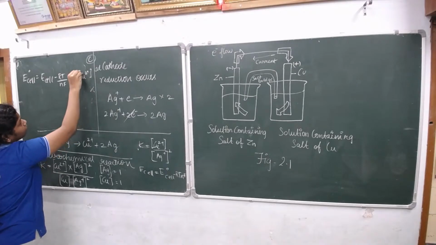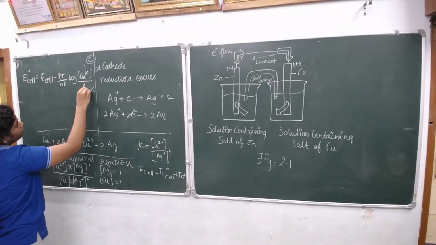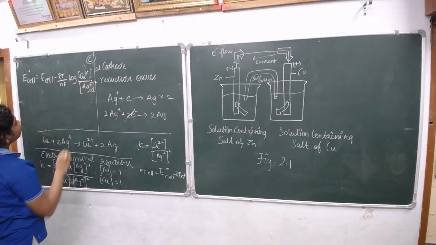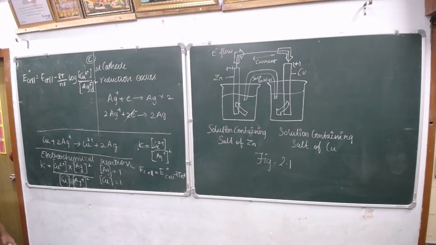This is the Nernst equation or cell EMF for this electrode reaction. So we can establish the electrochemical reaction with the help of this equation, called the Nernst equation. Are you able to follow? This is known as the Nernst equation. Actually it comes as log K, instead of K you can substitute here.